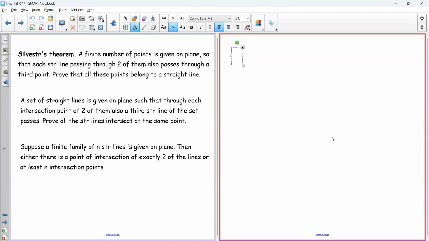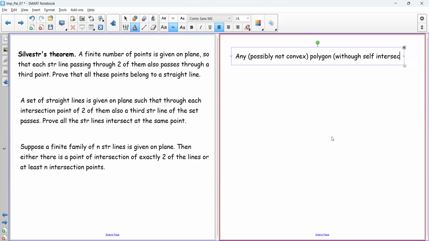So another problem is that any possibly non-convex polygon without self-intersections can be diagonalized, I believe.